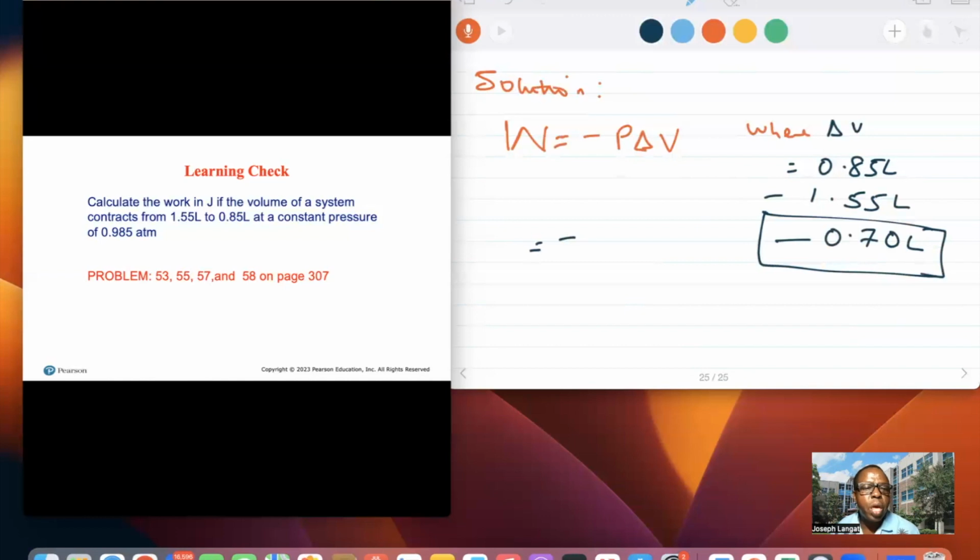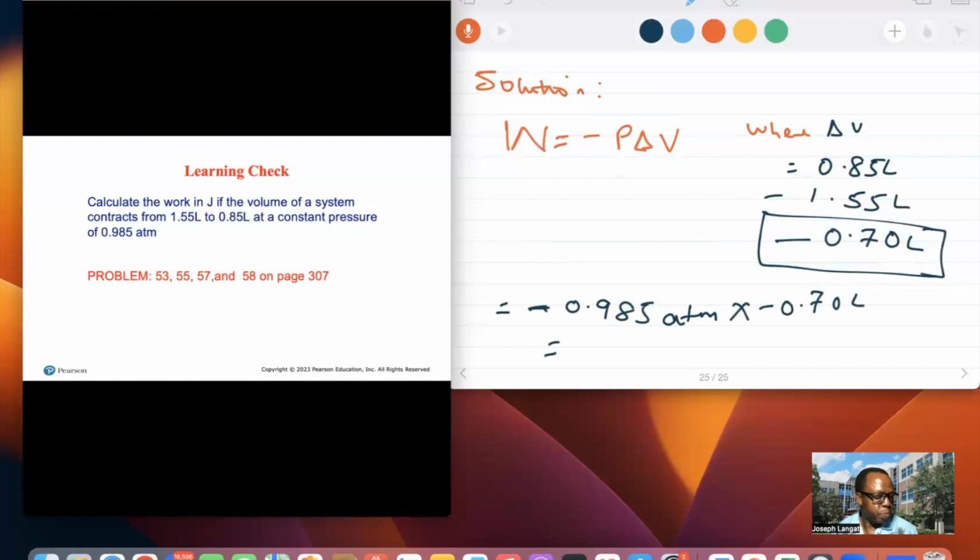External pressure here is 0.985 atm. Maybe I need to erase here and say this will now be negative 0.985 atmospheres times negative 0.70 liters.